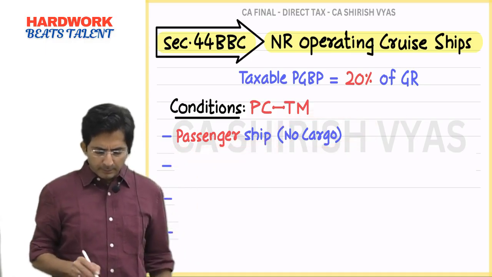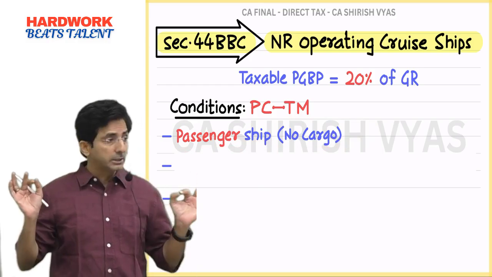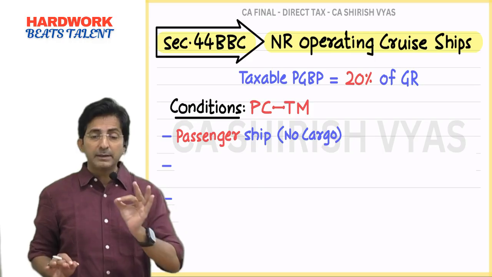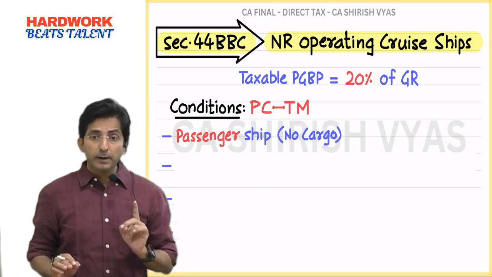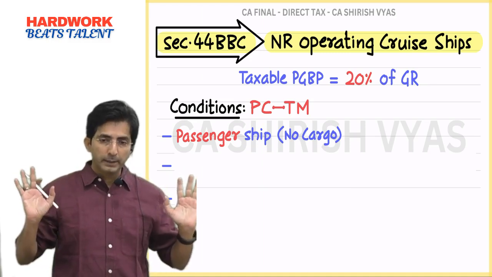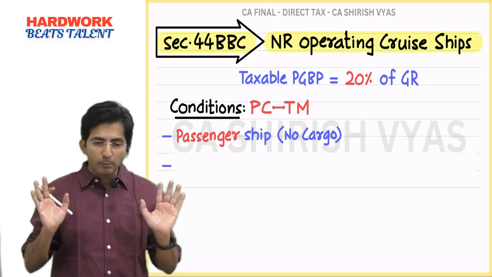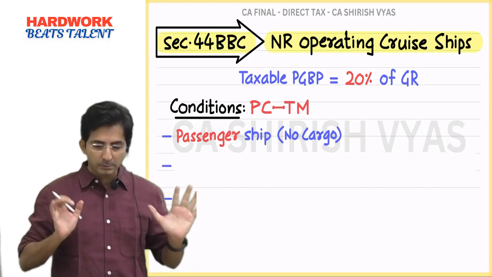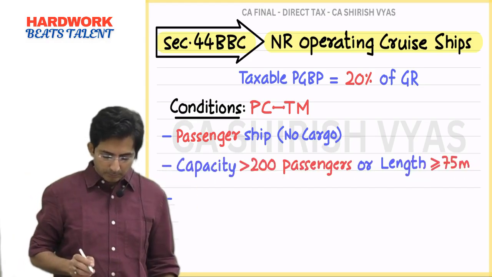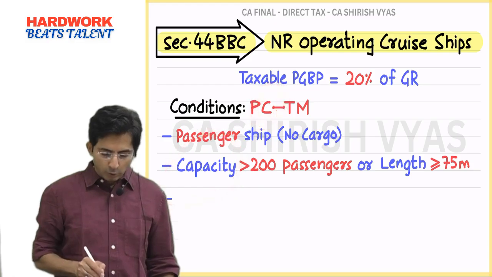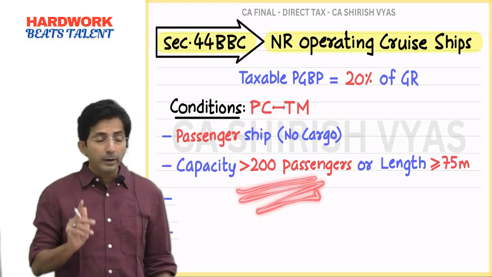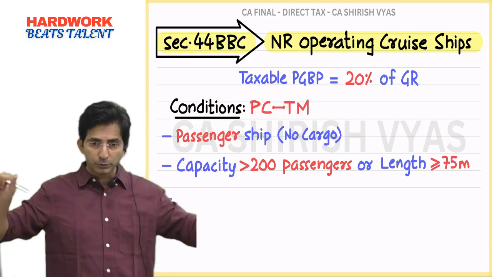Then second condition, the size of the ship should be minimum 75 meters. Minimum 75 meters long ship should be there, or it should have capacity of more than 200 passengers. This is second condition. C for capacity. It should accommodate more than 200 passengers at a time in the cruise.